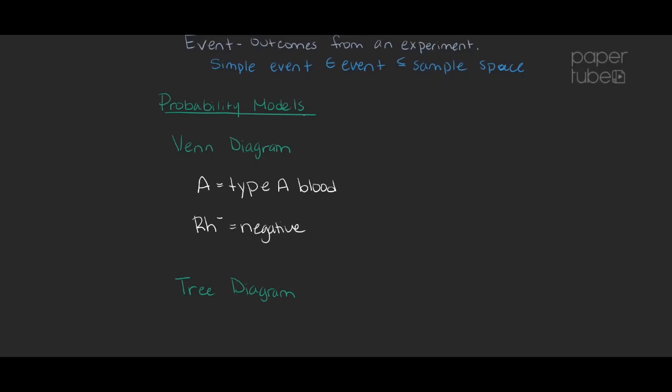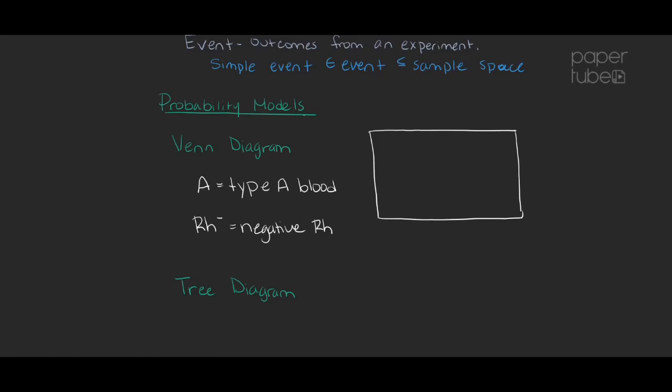And that's the superscript that you'll see on blood types, positive or negative. So we're looking in particular for negative ones. The Venn diagram is a way to organize these events, especially useful when they overlap each other. It's possible to have some types that have both of these features together and some types that have neither.